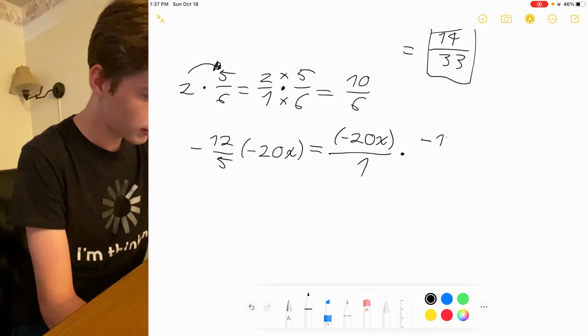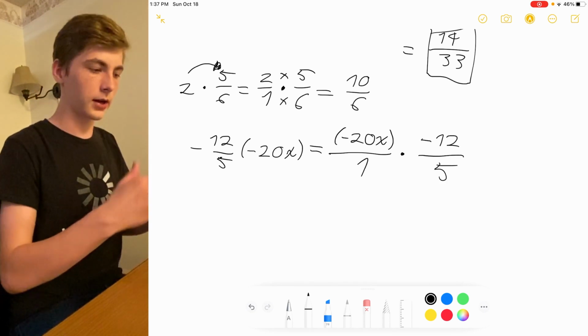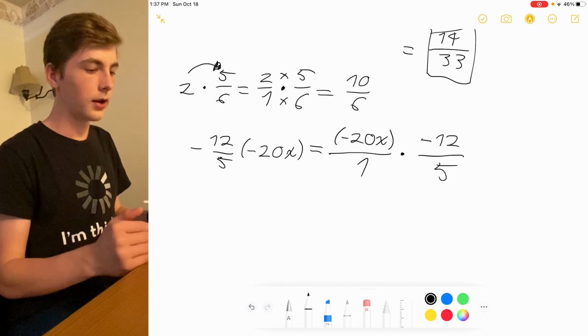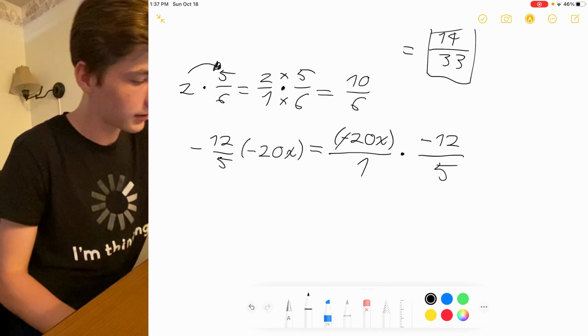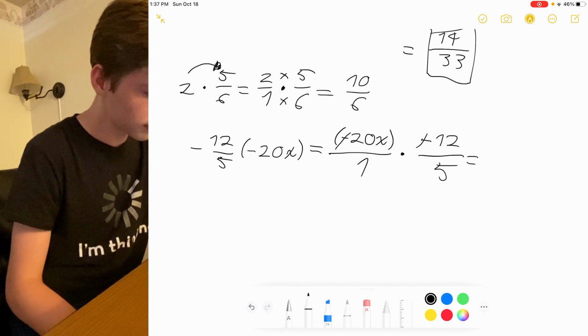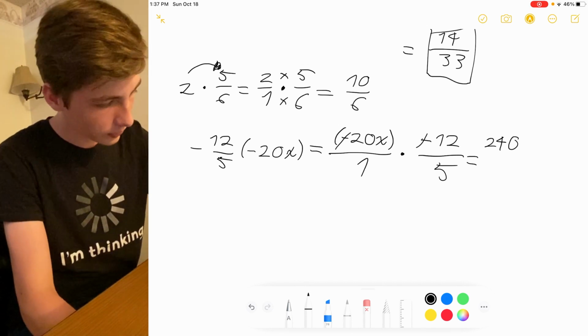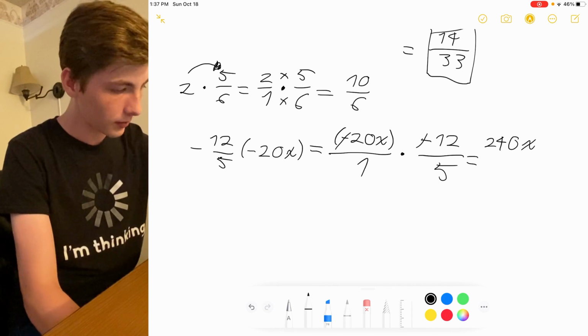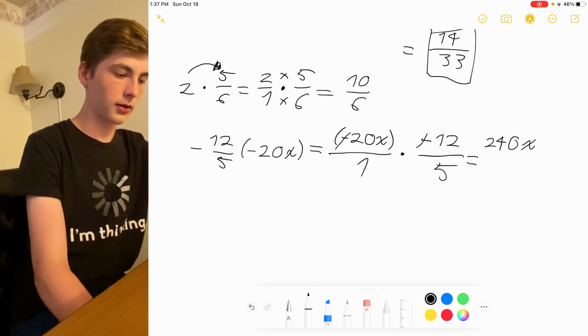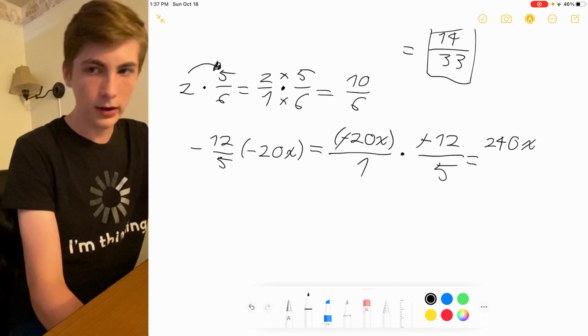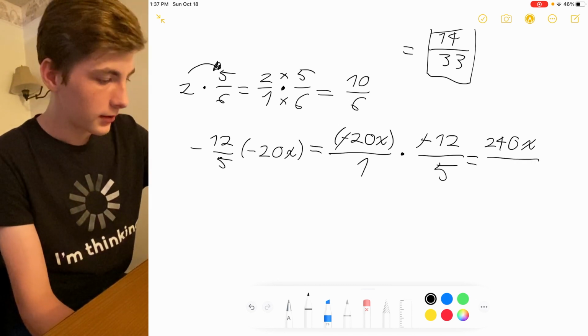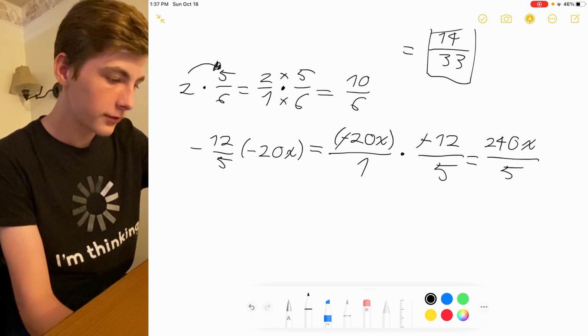Then I'm going to use that thing again where I put the negative on the top, because it's the same wherever you put the negative. I'm putting it on the top because it's convenient, because then these are going to cancel. So 12 times 20 is 240. We keep the x because we weren't able to combine that. Then this is divided by 5 times 1, which is just 5.